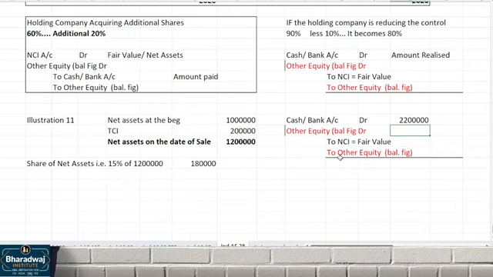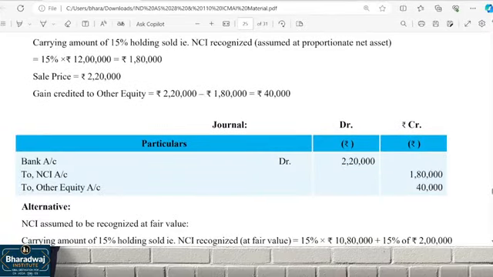NCI is recognized based on net assets, the 15% net assets. Balancing figure will go to what? Other equity. Journal entry: cash or bank account debit, to NCI, to which one? Other equity.